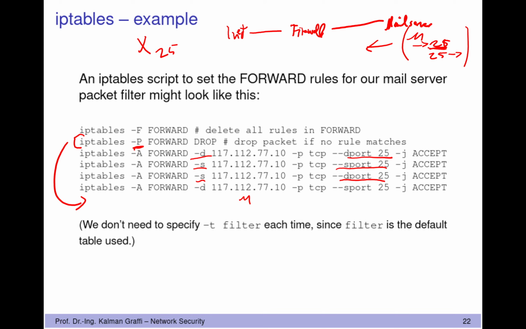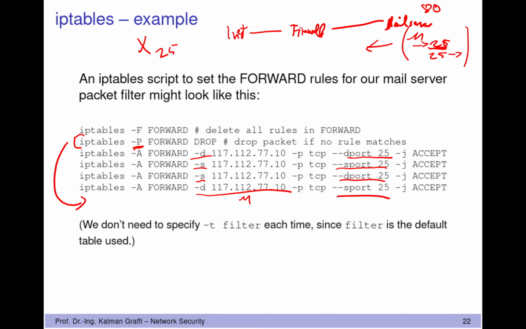The last rule looks at whether the recipient is our server and the source port is 25. So let's assume we have some very nice file hosting or website, something private that should not be accessible.